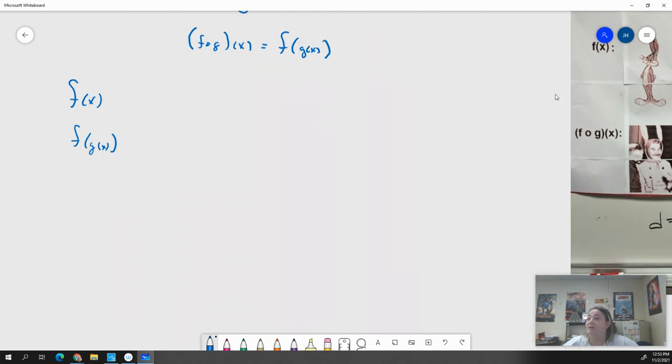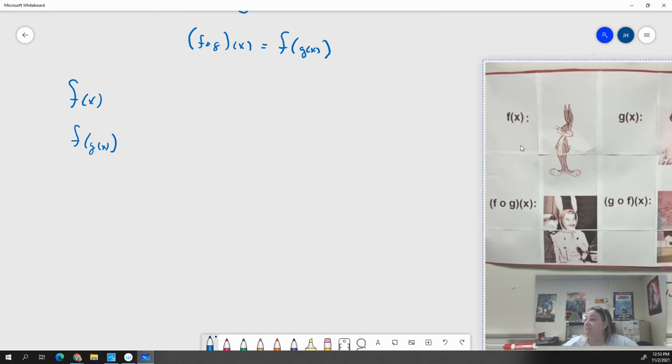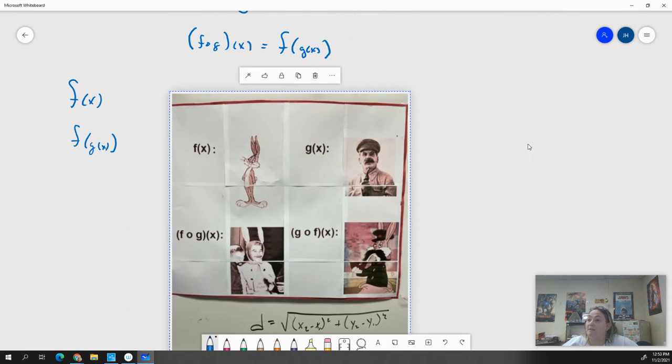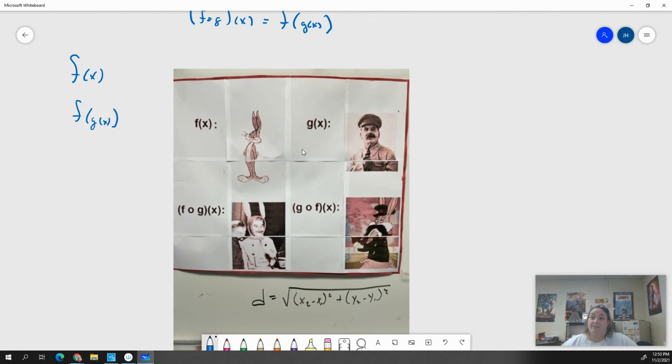I have a picture form of it using Bugs Bunny and Stalin. This is my favorite poster ever, right? So if my f of x equals Bugs Bunny, Bugs Bunny is f of x, and Stalin is g of x. And so when we have f of g, it means whatever g is getting plugged into whatever f of x is, right?